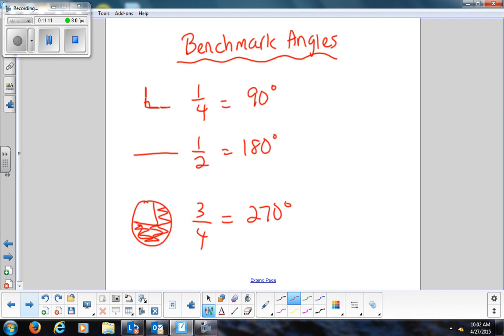What do you think? Okay. All right. So it's going to be a lot of division. You're going to have to figure out how to divide, and a lot of them are going to be by 12s.